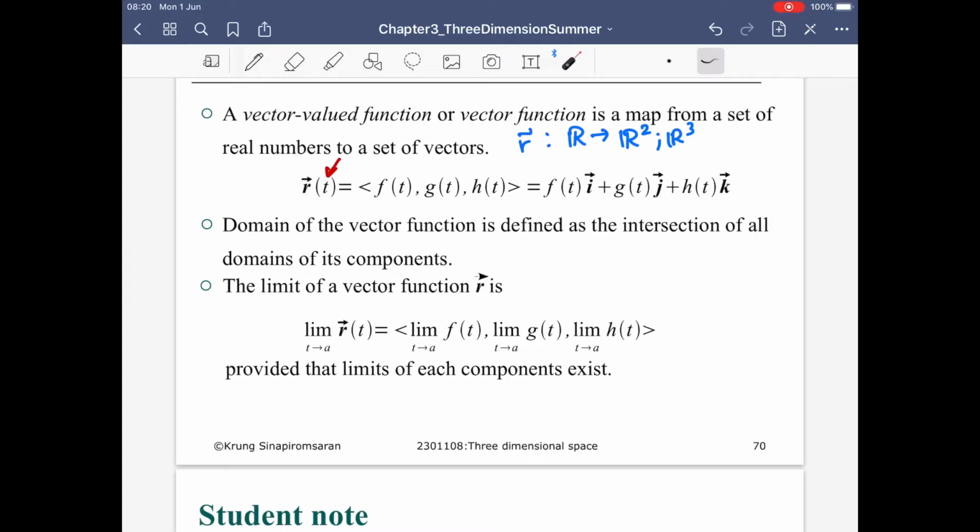So that is pretty easy and straightforward. It means that the limit question in this chapter becomes 3 limit problems from calculus 1: the limit of f, the limit of g, and the limit of h.